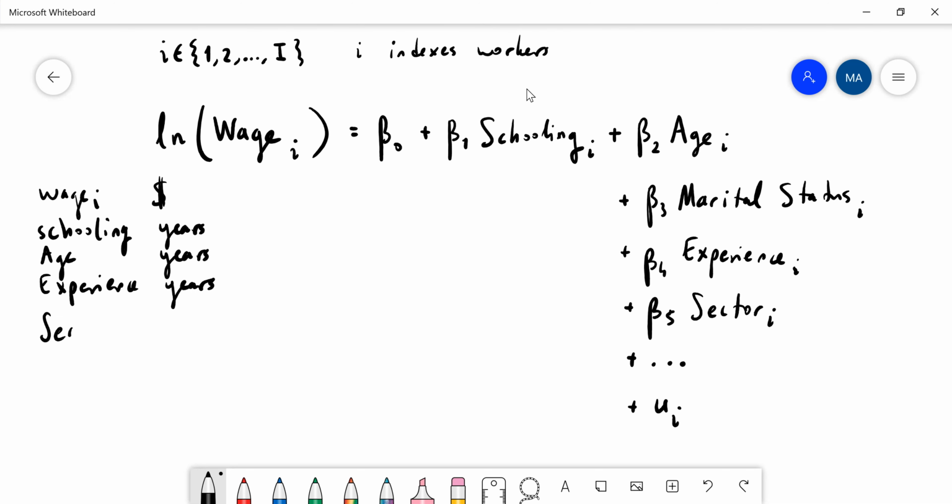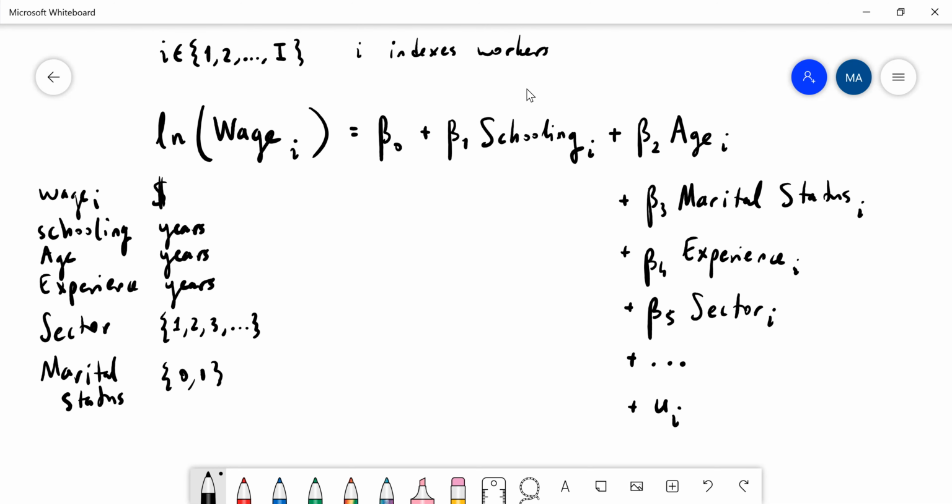Sector could be a categorical variable: sector 1, sector 2, sector 3, and so on. Marital status could be 0, 1 as a dummy, so married, non-married, etc.